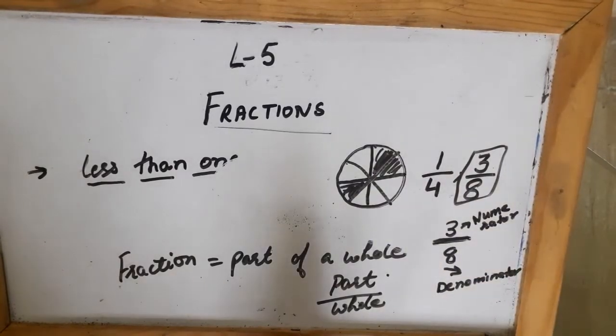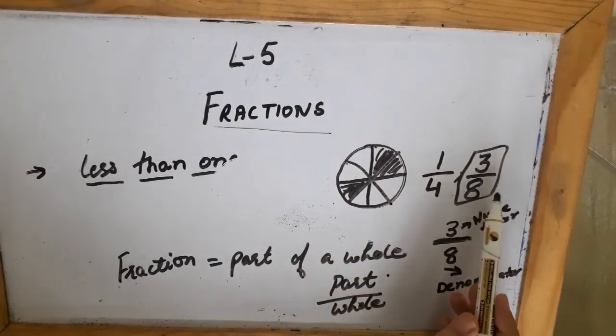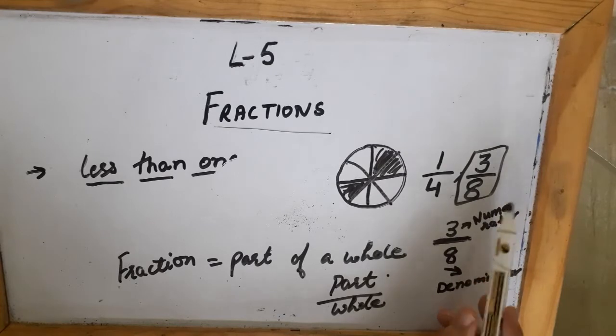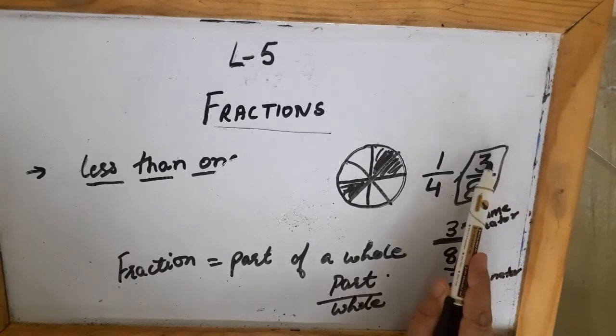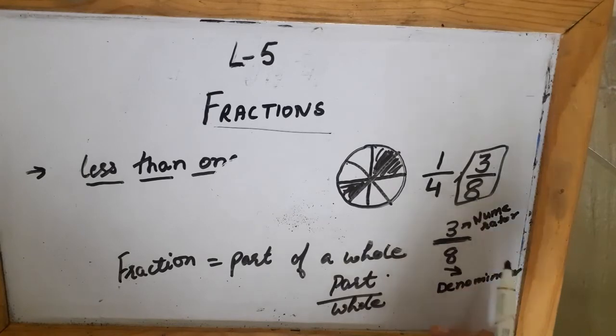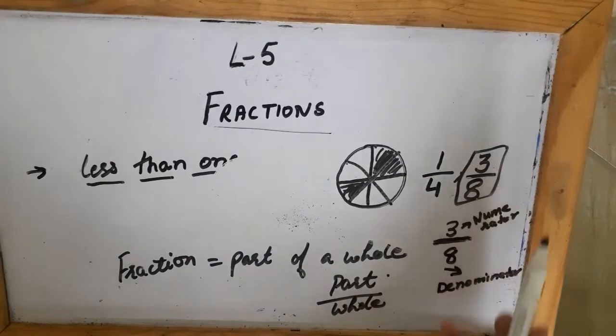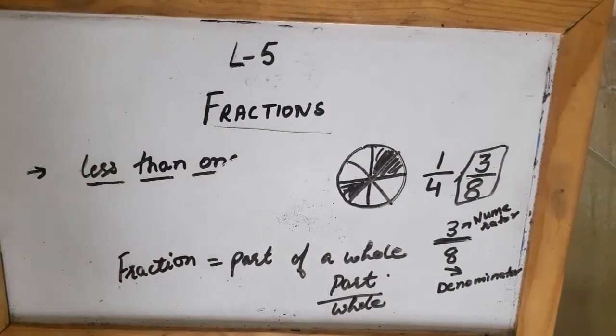So what is a fraction? Fraction means a part of a whole, or it represents a number which is less than 1. So it has two parts. The upper part is known as the numerator, and the down part is called the denominator, and in between you have a bar which is called the fraction bar.